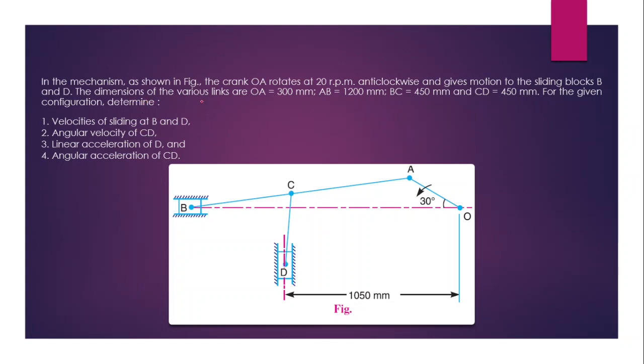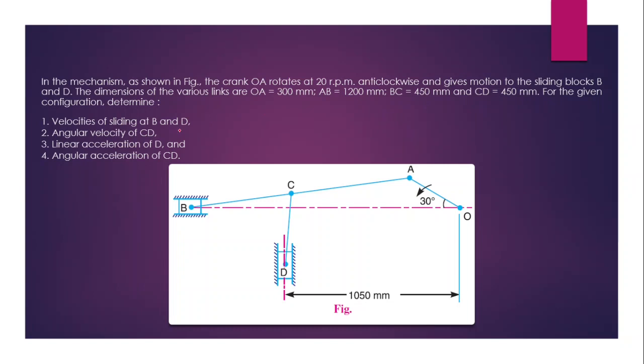The dimensions of the various links are: OA is equal to 300 mm, AB is equal to 1200 mm, BC is equal to 450 mm and CD is equal to 450 mm.